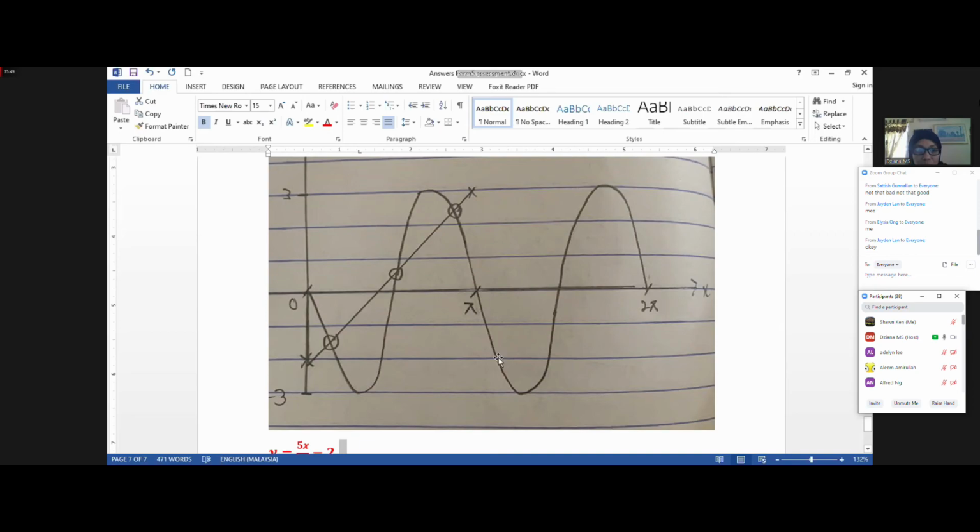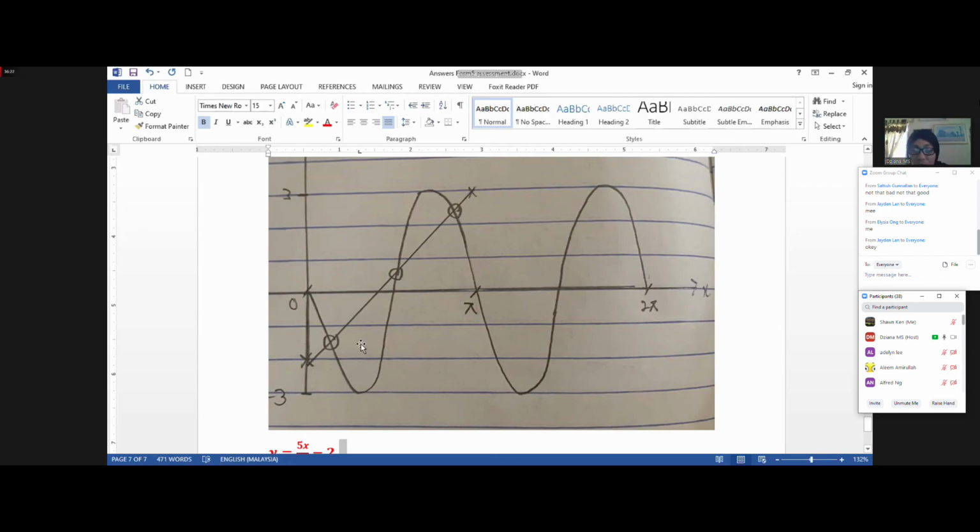So if you get this correct, 3 marks. If let's say you can only show negative sine x, you can get 1 mark, or if you can show 2 cycles, you can get 1 mark. If you can show negative sine x and then maximum minimum is 3 without 2 cycles, 2 marks. Okay, 3 marks for all the 3 changes.